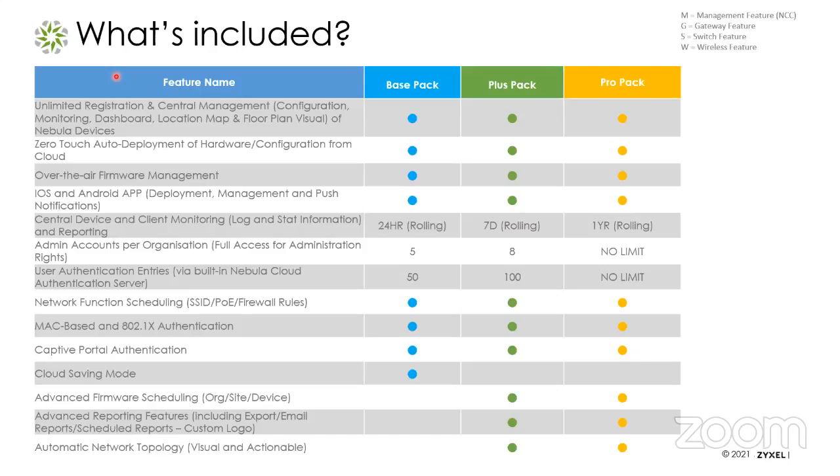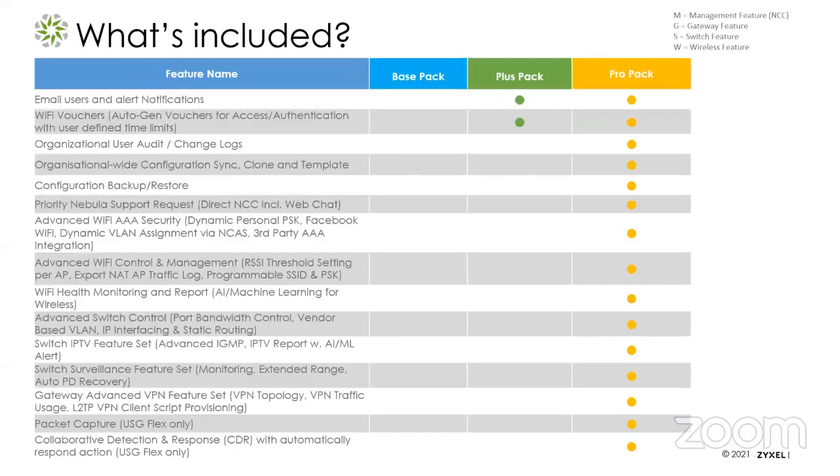I think we just recently added or are about to add some stuff to the free version, but for the whole reporting access, you do need Plus or Pro Pack. An automatic network topology view that requires Plus or Pro Pack, and I'll show you what that looks like a little bit later. Email alerts and notification when devices go offline, that requires Plus or Pro Pack. And then Wi-Fi vouchers, that requires Plus or Pro Pack.